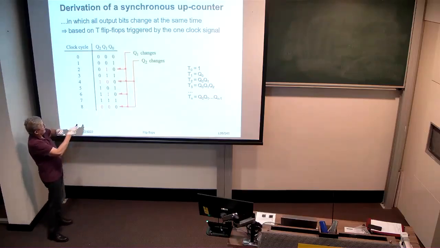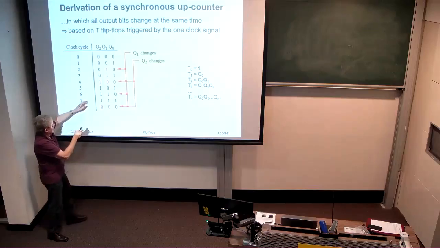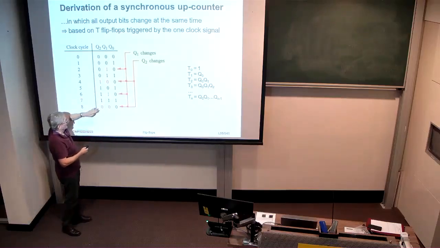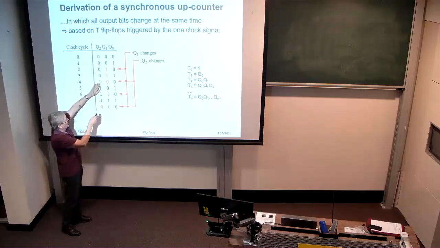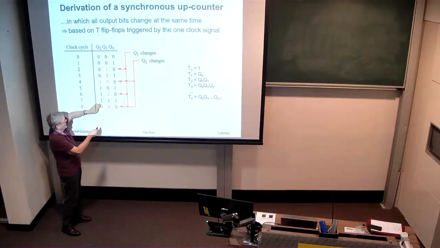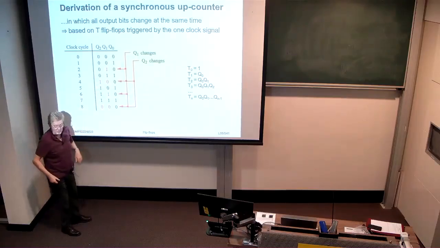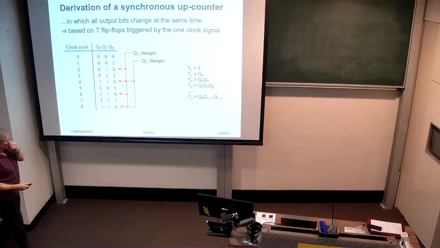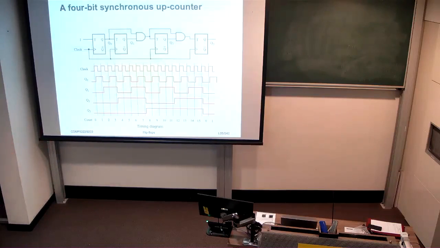Similarly, the change from 0 to 1 in the most significant bit and from 1 to 0 back again only occurs when both less significant bits are 1 in the previous clock cycle. And so we can drive the T inputs with the Q outputs rather than use the Q outputs as the clock signals for our counter.